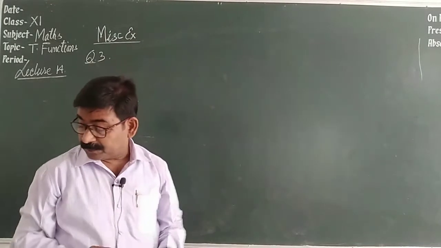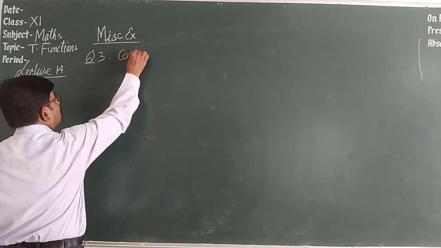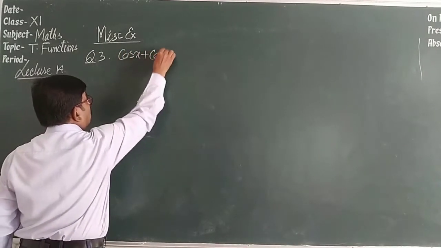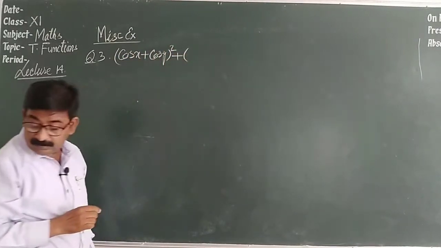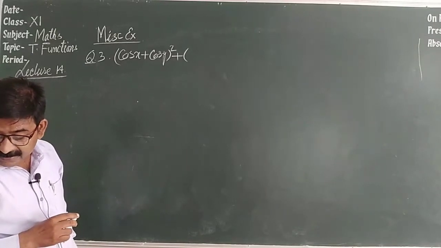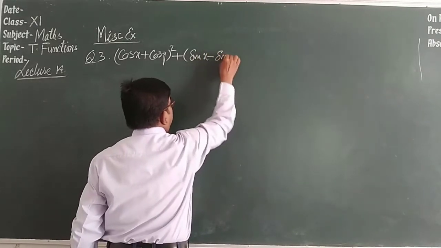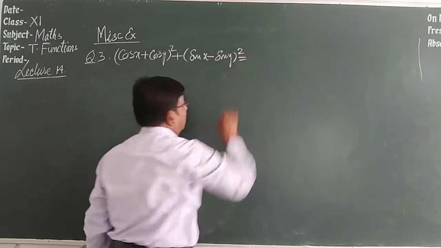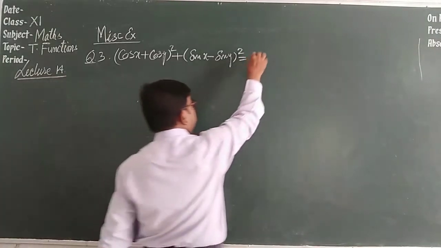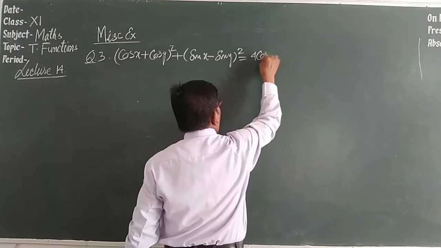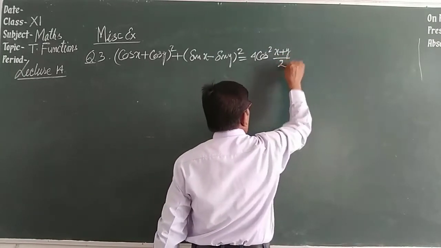Third question: (cos x + cos y) whole square plus (sin x minus sin y) whole square is equal to 4 cos square (x plus y)/2.